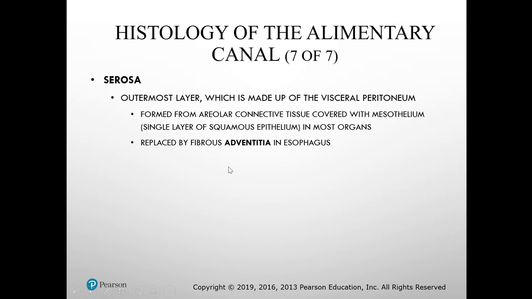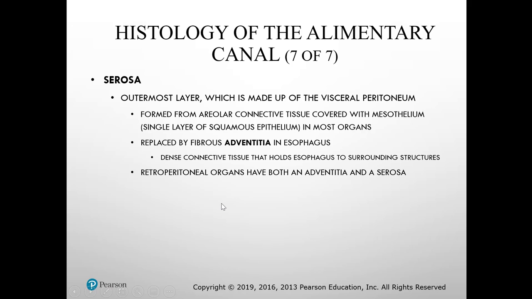It is covered by a layer of adventitia, a layer of fibrous connective tissue made up of dense connective tissue. And there are some retroperitoneal organs that have both adventitia and serosa, depending on the extent of them being retroperitoneal.